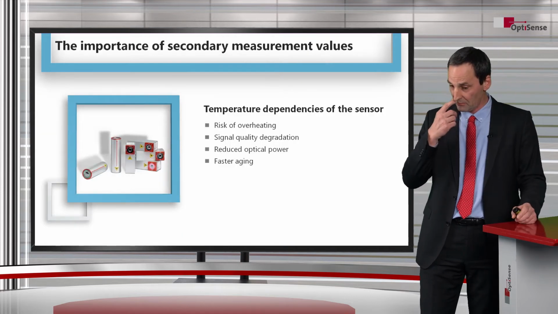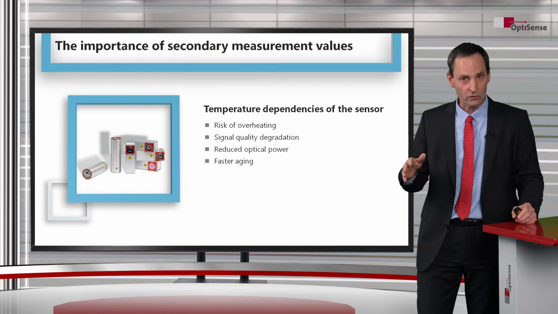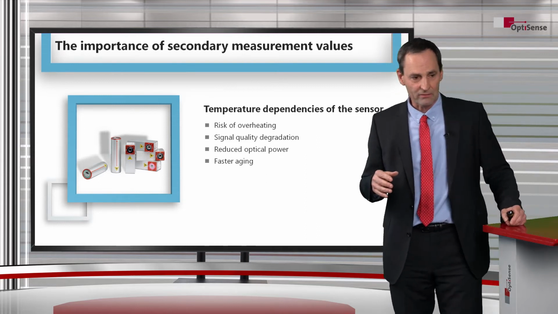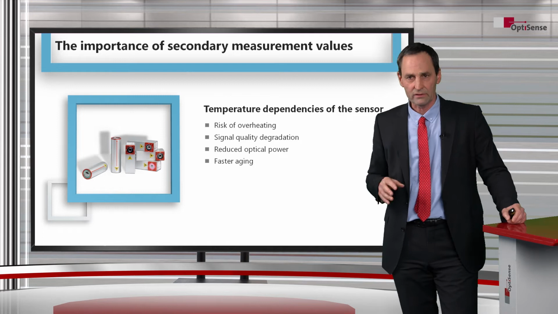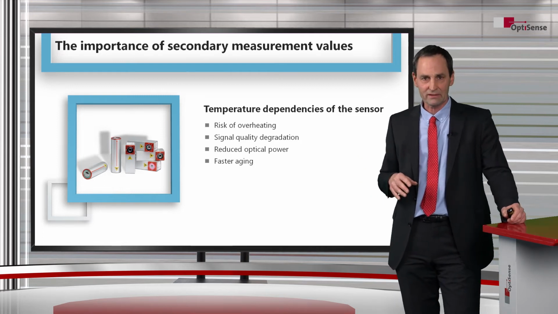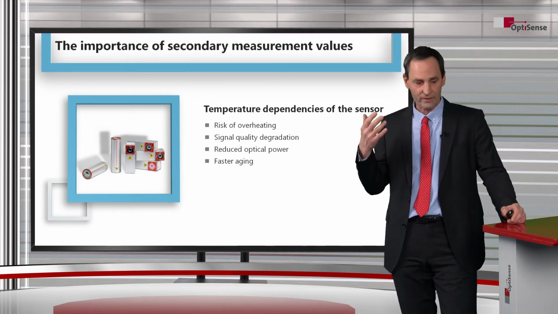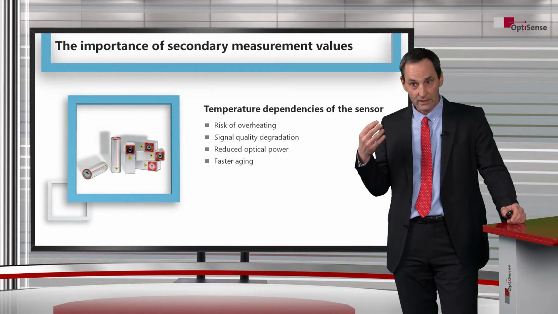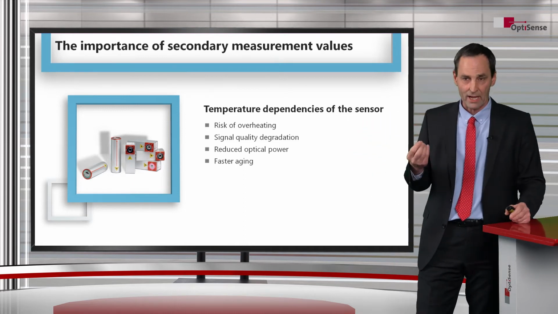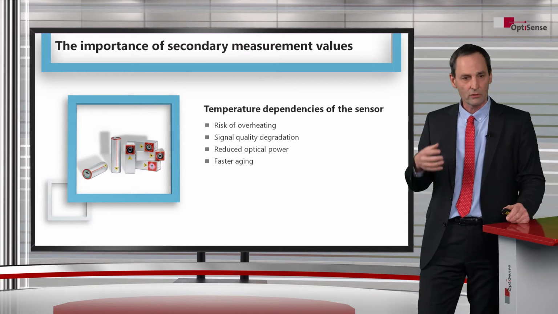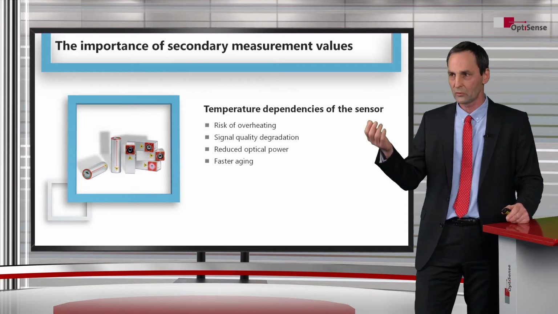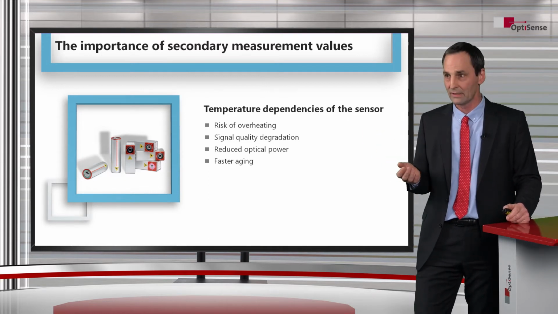Okay, when we store data and we look at coating thickness, very often people say, okay, I store the coating thickness, everything is nice. But effectively, especially when dealing with coating thickness measurement in inline applications and online applications, you have temperatures. Everyone who is coating pieces knows temperature is very important.